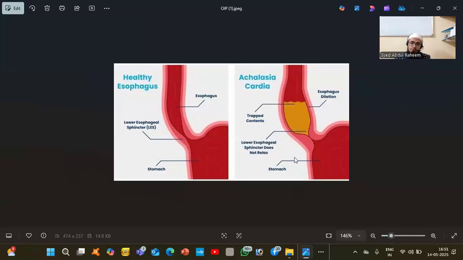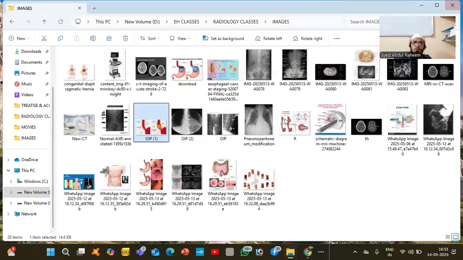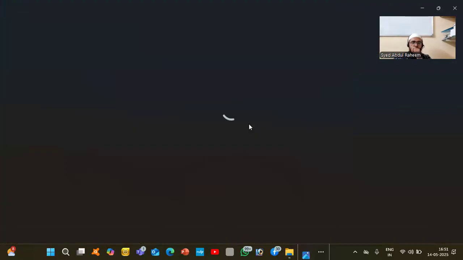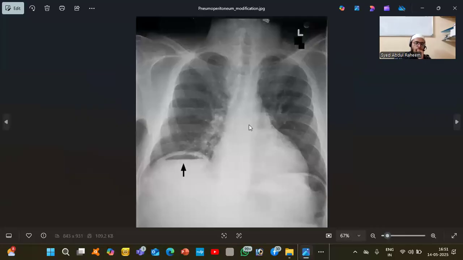And congenital diaphragmatic hernia, I already told you about that. So these are the important pathological findings of the esophagus. Already we discussed pneumoperitoneum, which is nothing but air entering the peritoneal cavity due to rupture of the cavity.